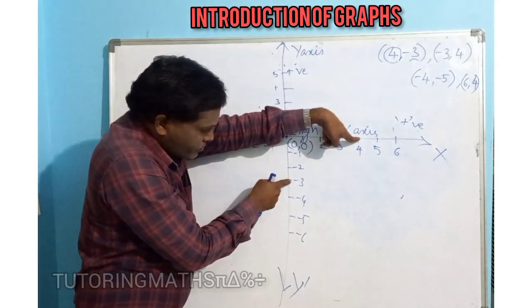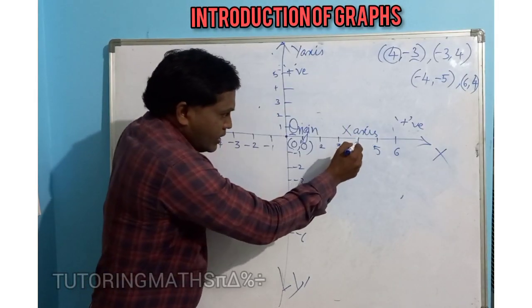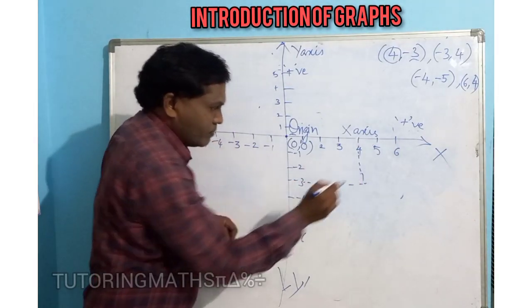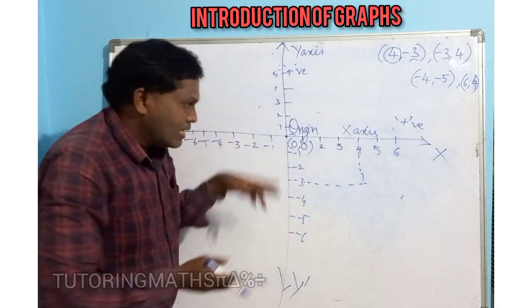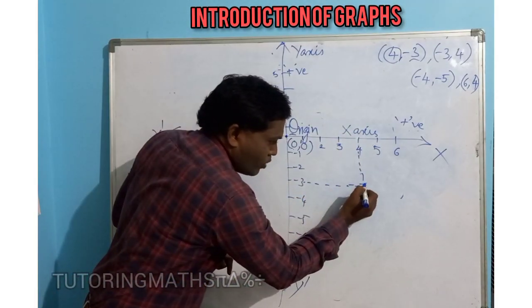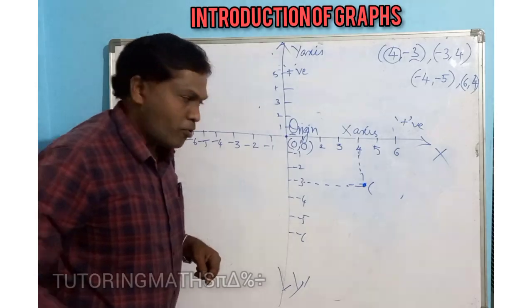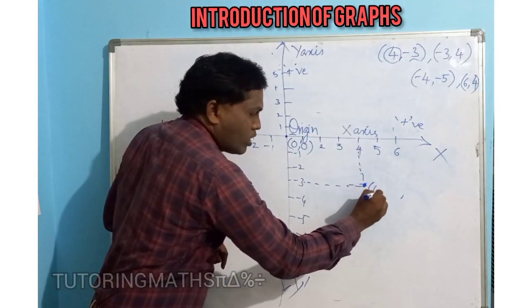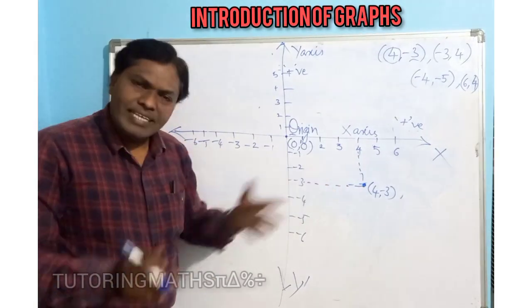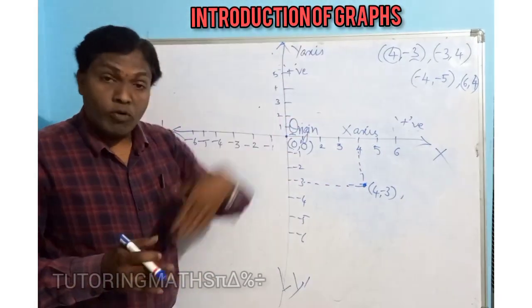Let us see both values: here 4 and here minus 3. The perpendicular lines coming from 4 and minus 3 meet at this point. So this intersection point is 4 comma minus 3. Like this we can plot all the points.